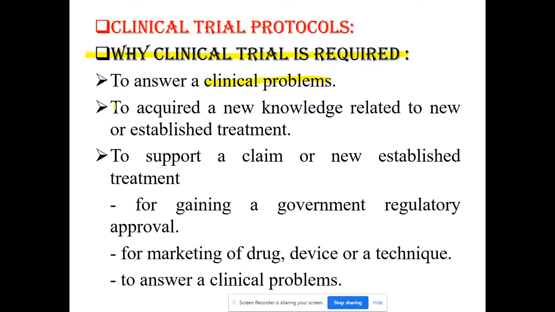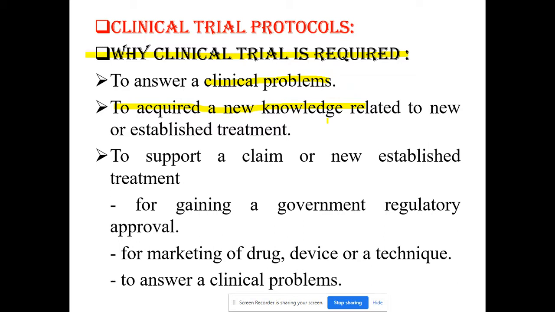Second point, it is useful to acquire new knowledge related to a new treatment or an established treatment. A clinical trial study is also essential in order to have knowledge concerning the new treatment or the established treatment. Third point, a clinical trial supports a claim of the newly established treatment.